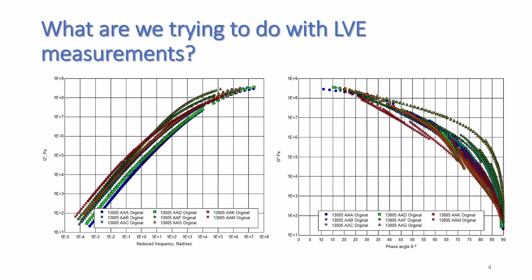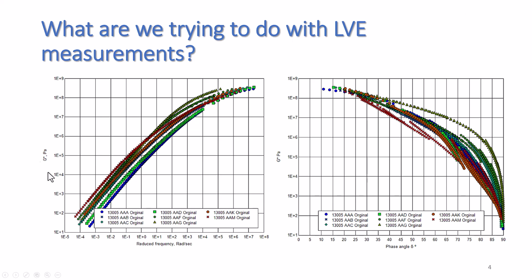So what are we trying to do with linear viscoelastic parameters? We've seen these master curves that folks have, and what we're showing here is two representations of the SHRP data for the original, what we call the 8 core asphalts, and the 8 core asphalts were the work that all the SHRP researchers in the late 1980s, early 1990s were encouraged to do their work on, as well as other asphalts as well.